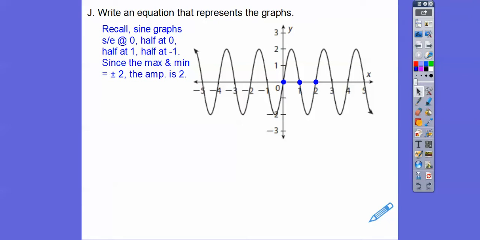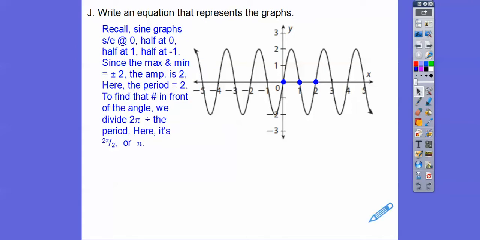Okay, so sine wave starts and ends at zero, half at 1, half at negative 1. And since the max right here is at 2 and the min is at negative 2, then the amplitude in front of the sine is 2. Okay, so let's at least get that part right.